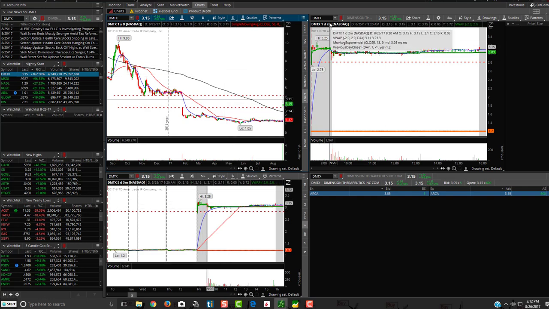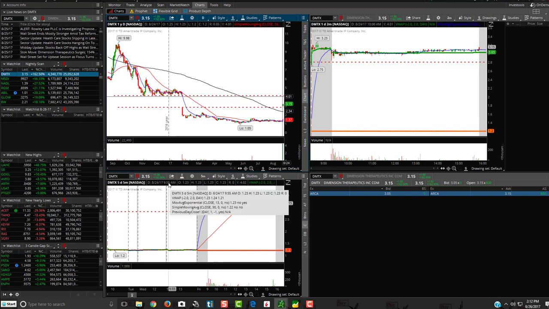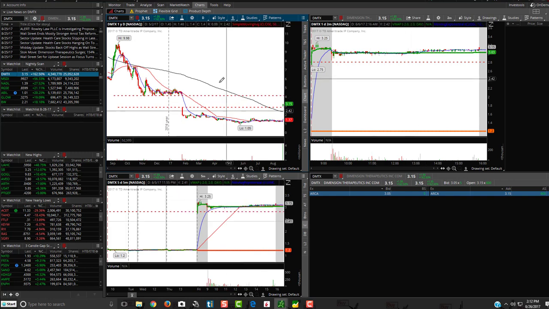Usually, when you're day trading, I personally like to, number one, have the daily chart up so I can map out support and resistance on the daily. Then I like to have a mid-range time frame within the intraday, usually a 5-minute, just to see the patterns forming within the intraday.